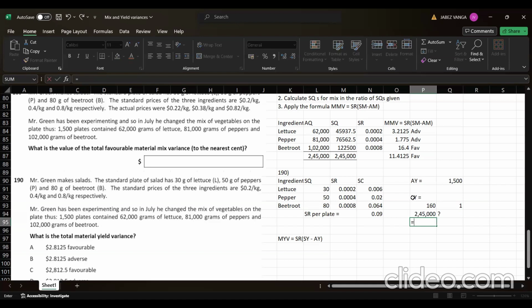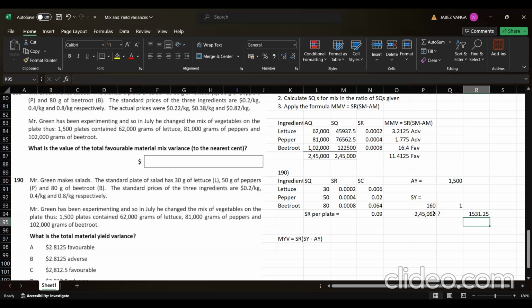We see that 1531.25 plates can be made with the total quantity of 245,000 grams. So 30 plus 50 plus 80 is 160.